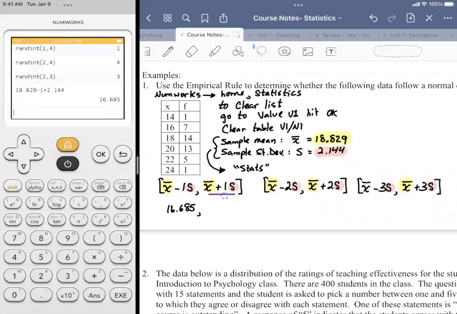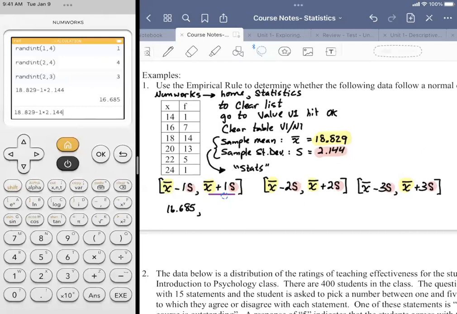Then I move on to the next computation where it's the same X bar and the same S, except now I'm going to be adding instead of subtracting. So I'll hit my up arrow and I'm going to recall this previous computation. You just toggle back and forth until you get what you're looking for, and then hit either OK or Enter, OK or Execute.